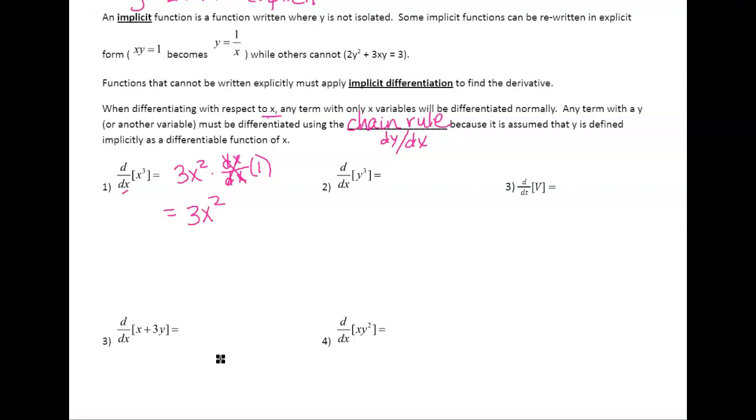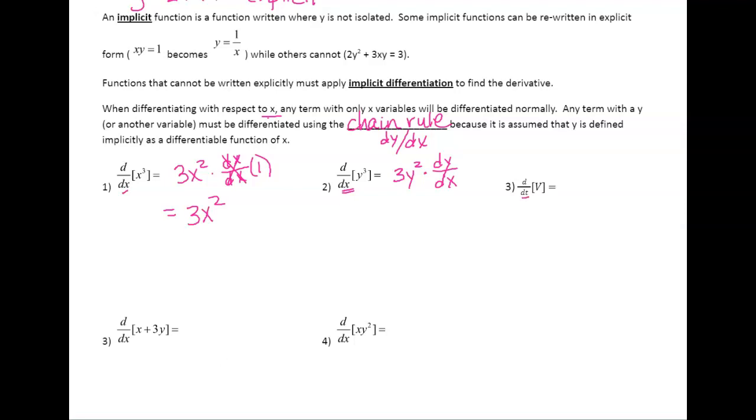All right, so let's look at number 2. x is the variable. y is a function. So when I take the derivative, it is going to follow a power rule, but then I have to account that it's the derivative of the y function with respect to x. And we'll learn something about this later.